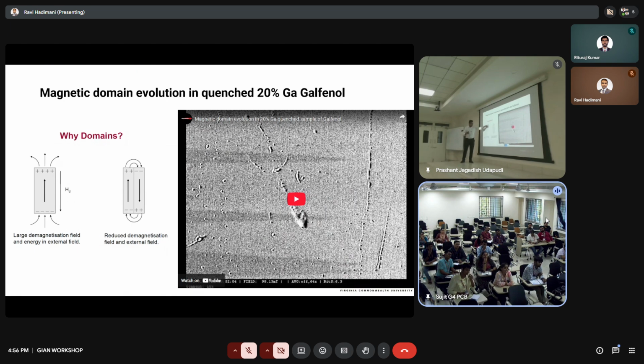Okay, so the magnetostatic energy to maintain this domain is high, because the flux lines have to be large. Whereas if they are in multiple domains, they can close the loops within a short distance. Okay, so the magnetostatic energy there is small. That's why they tend to stay in multiple domains. They become one only when you apply a magnetic field. Does that make sense? So here is, let me see if this video works. It doesn't have audio, so that's fine.